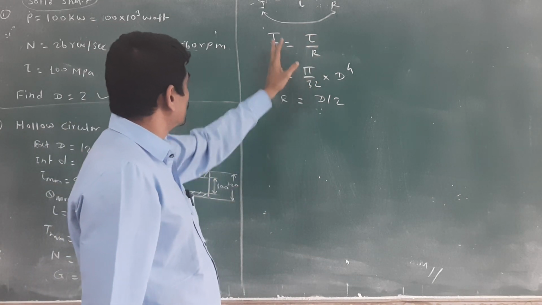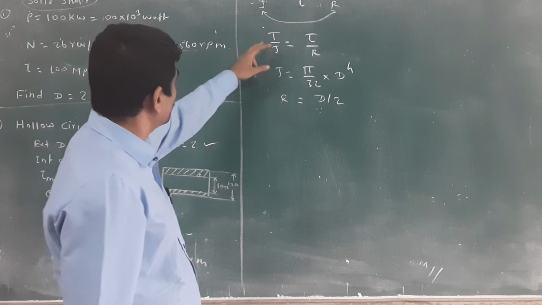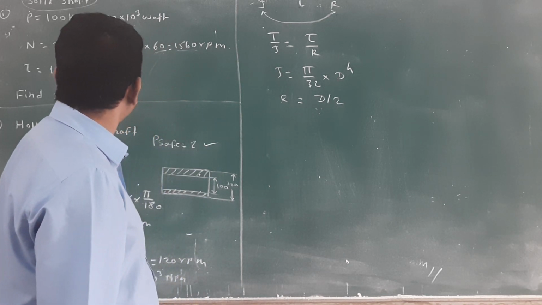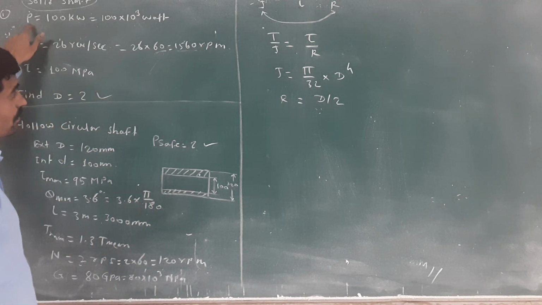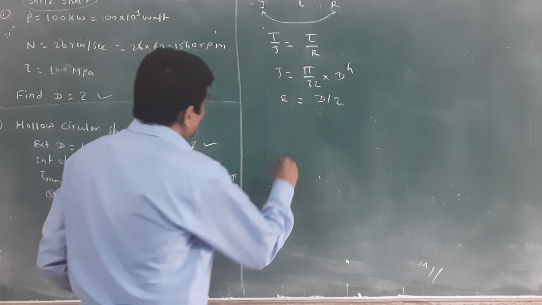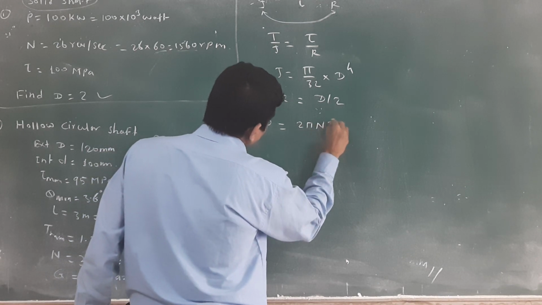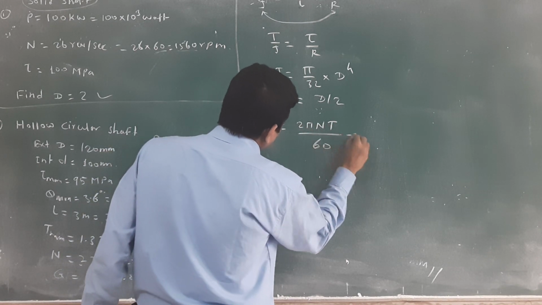Then you can easily calculate the value of T. How to calculate T? Power is given. What is the formula of power? P is equal to 2 pi N T divided by 60.